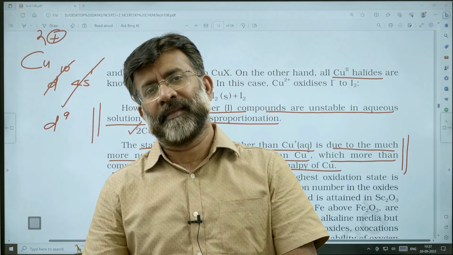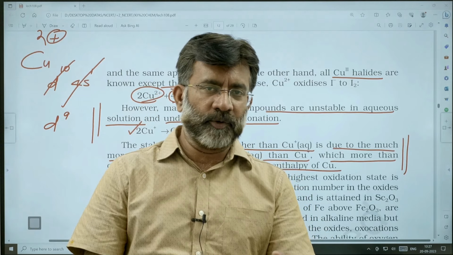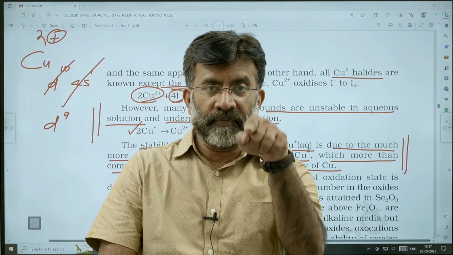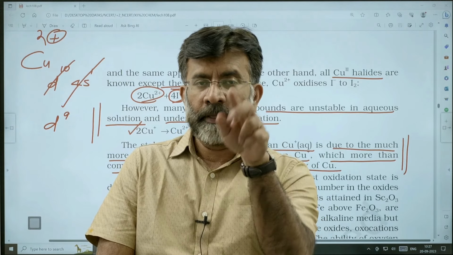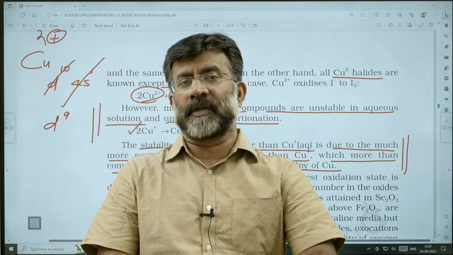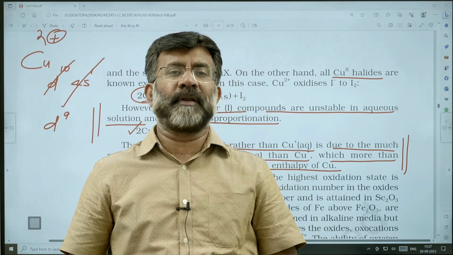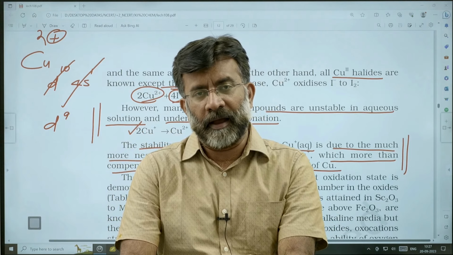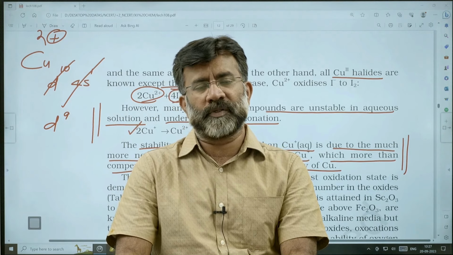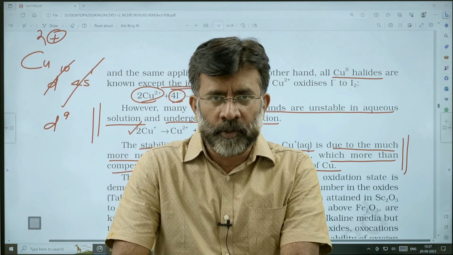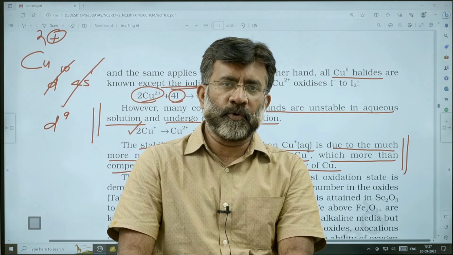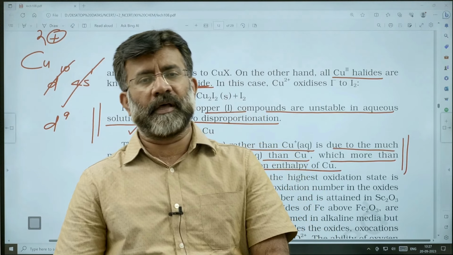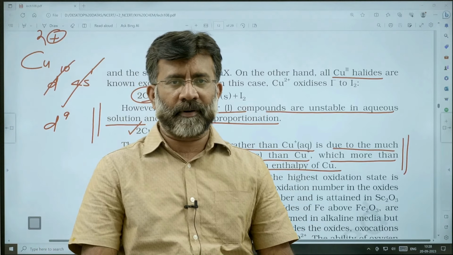So when you compare Cu+ and Cu2+, Cu2+ is more stabilized. Even though the second ionization enthalpy is greater, Cu2+ is stabilized because of a compensating factor. What is the compensating factor? The hydration enthalpy of Cu2+ is much greater than that of Cu+, and that compensates for the higher second ionization enthalpy of copper.